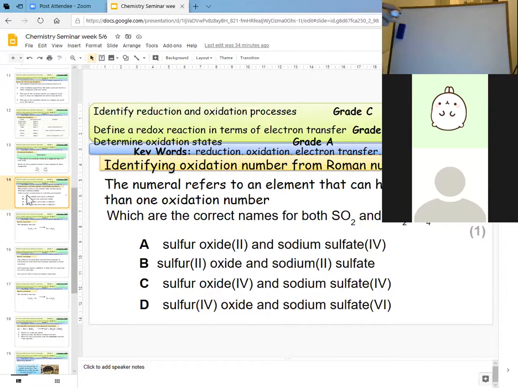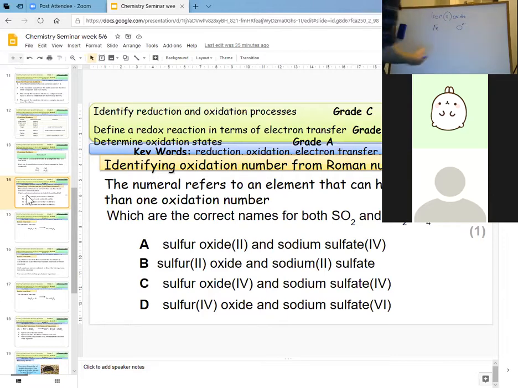So we can tell the oxidation number. This iron is Fe. Oxide is another way of saying oxygen on the end there.